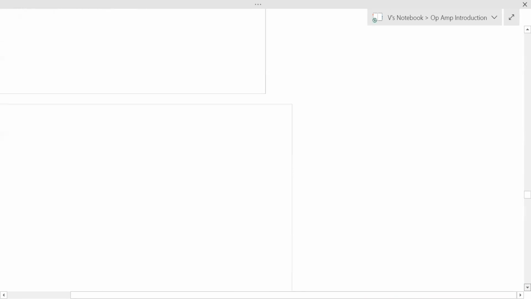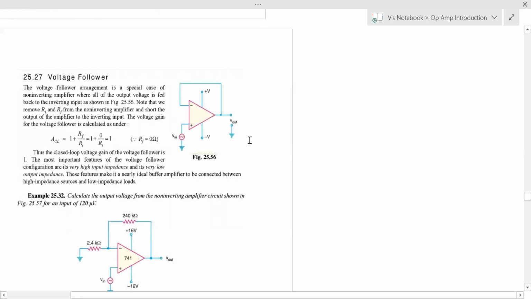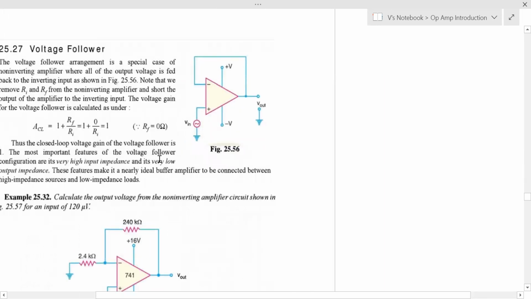So that portion we covered. This is the voltage follower, right? Gain is 1. The closed loop voltage gain of the voltage follower is 1. The most important features of the voltage follower configuration are its very high input impedance and very low output impedance. These features make it a nearly ideal buffer amplifier.